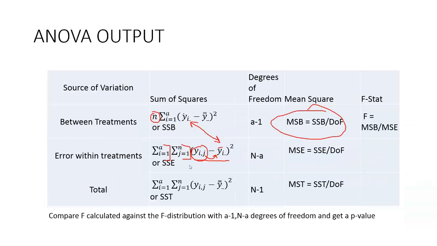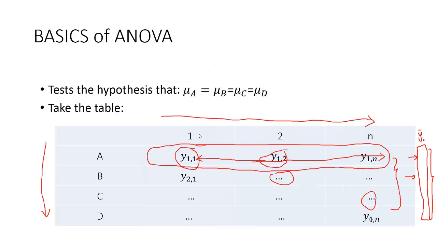So that's called the sum of squares error. And again, you're dividing by the total number of points that you see. There's a difference between the small n and the capital N. Capital N is essentially nothing but the total number of data points. So small a is the total number of treatments, in this case equal to 4. n we've not actually defined out here, but essentially it's the total number of columns, right?